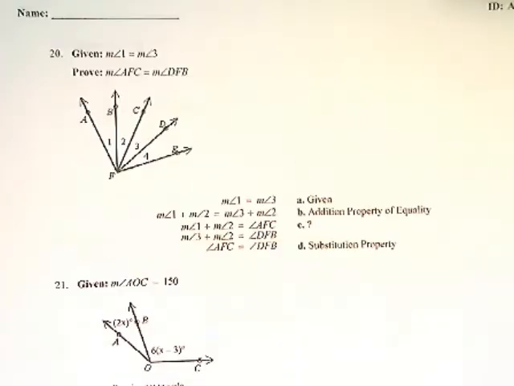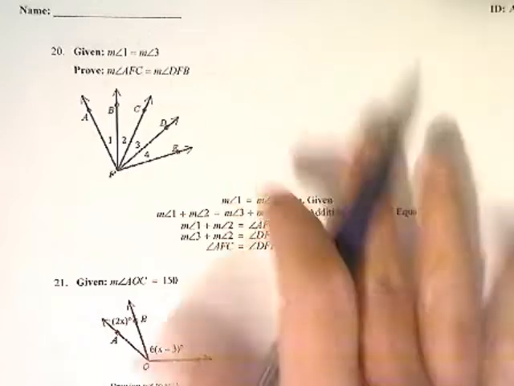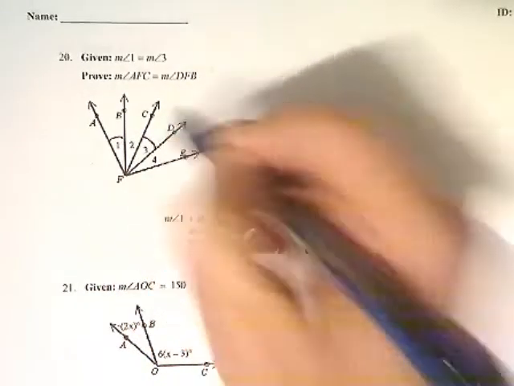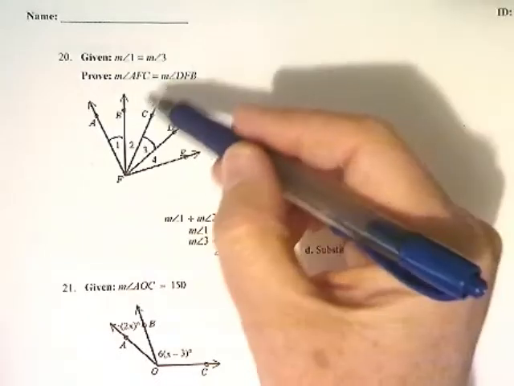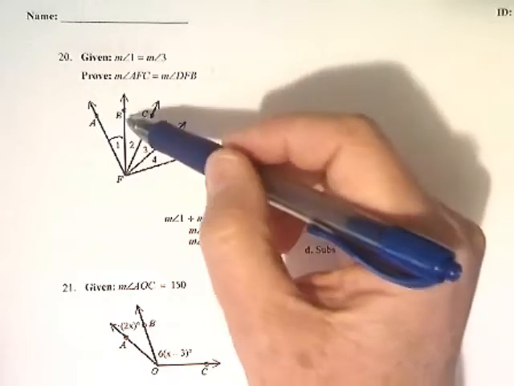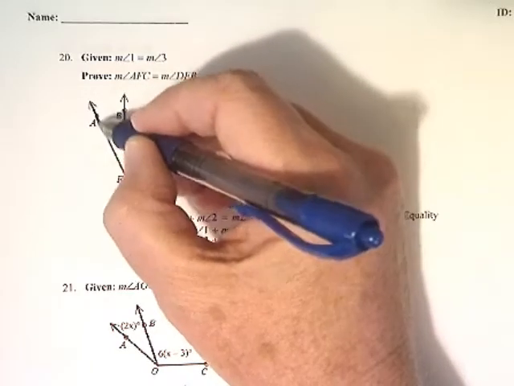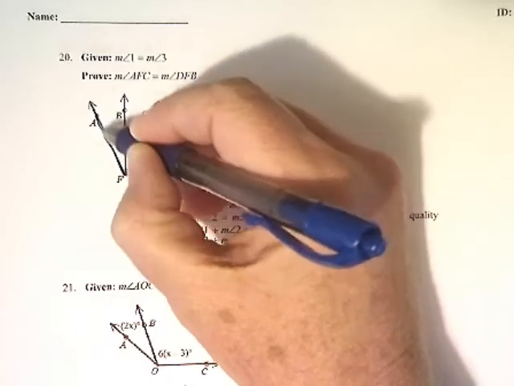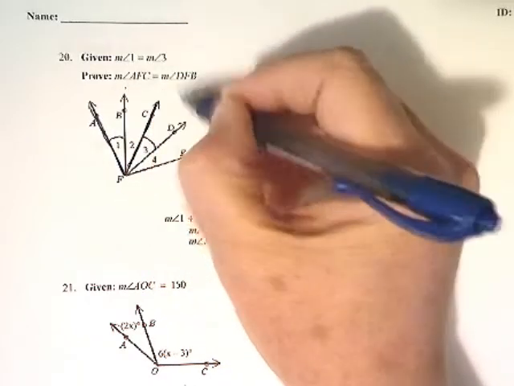Number 20, find the missing reason here. It says, given that the measure of angle 1 and the measure of angle 3 are the same, prove the measure of angle AFC is equal to the measure of angle DFB, and that would be this angle and then this angle from here to here.